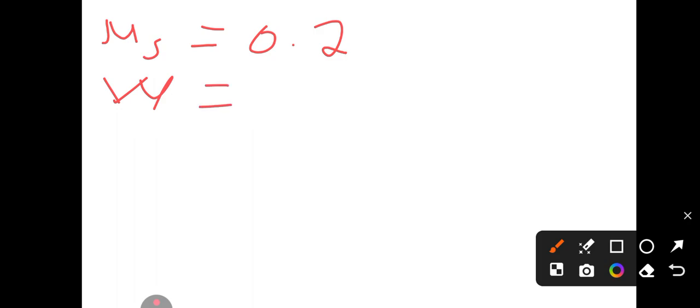We have been given the coefficient of static friction, which is 0.2. We have also been given the weight of the object, which is 100 Newton.